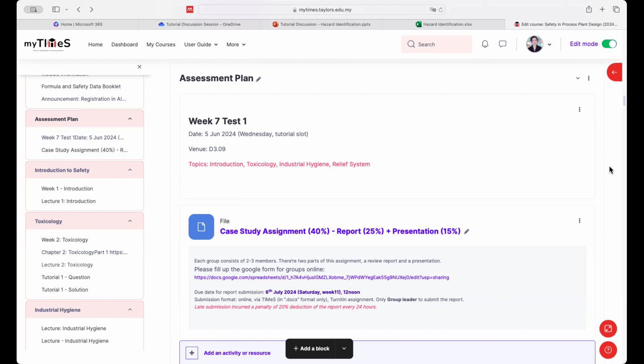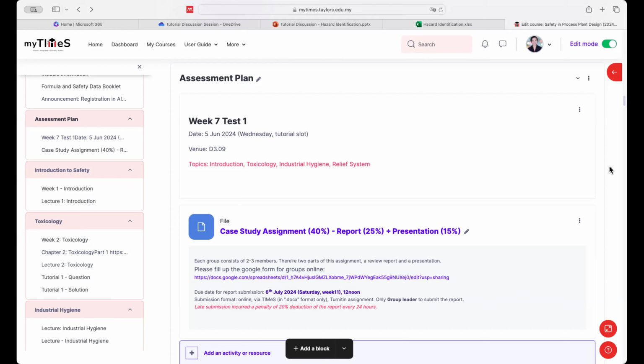Suddenly my mind just went blank. And then chapter 2, toxicology, how toxicants enter the body and how toxicants are eliminated from the body. And we talk about simple calculations on TLV, TWA, STEL, and ceiling. And then we go into industrial hygiene, talking about control of the toxicants in the workspace.